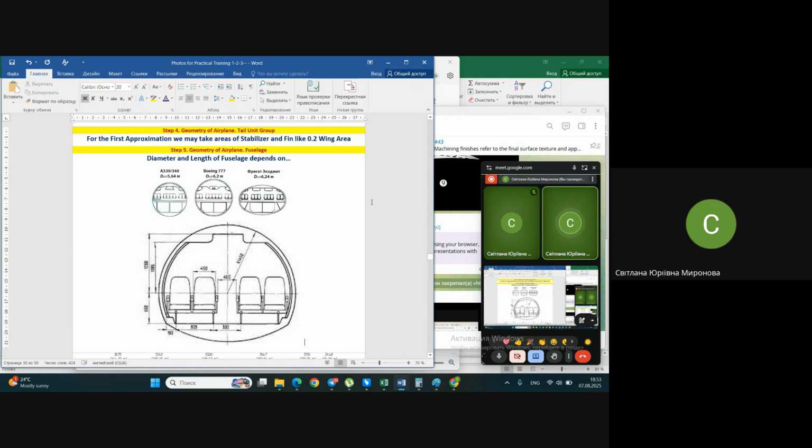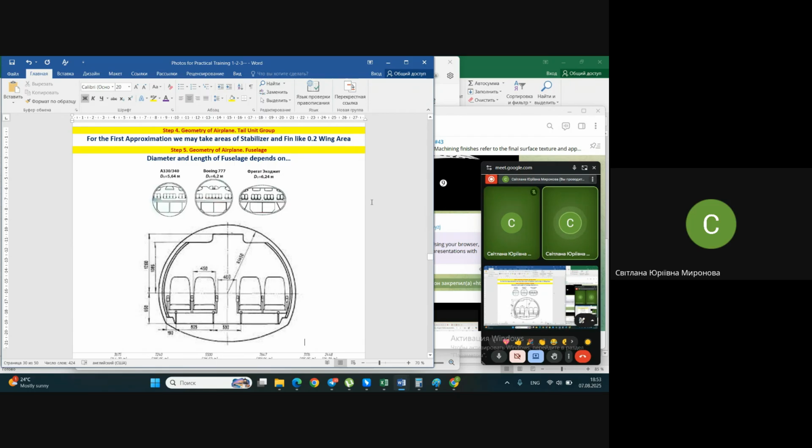Next, it's necessary to decide what the area of the stabilizer is, and of course, it depends on one hand on the area of the wing, on the other hand on how far the stabilizer is from the wing. What is the arm of the stabilizer? What is the arm of the force that counteracts the wing lift?